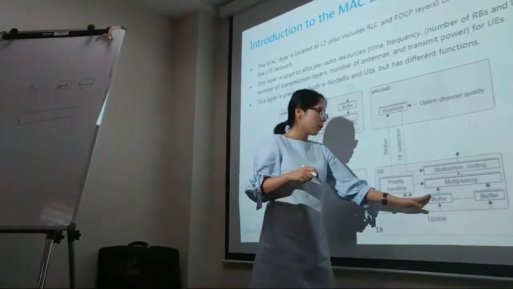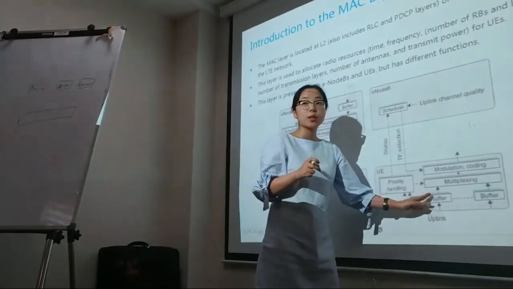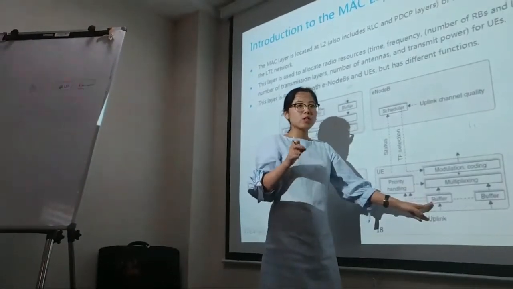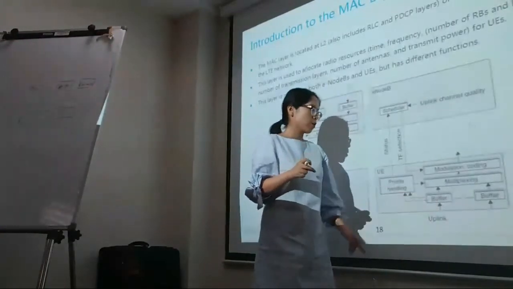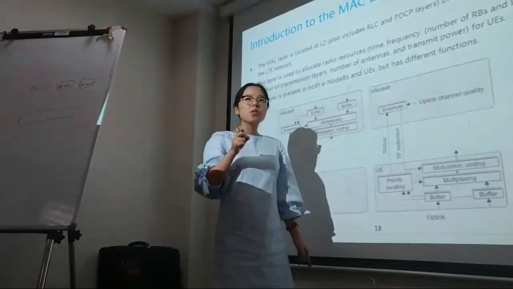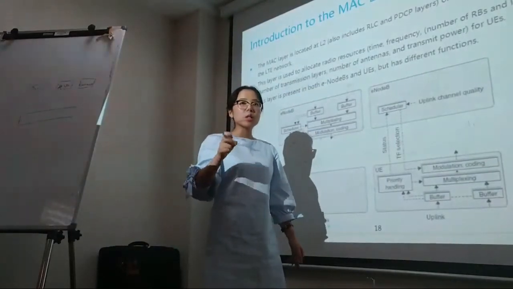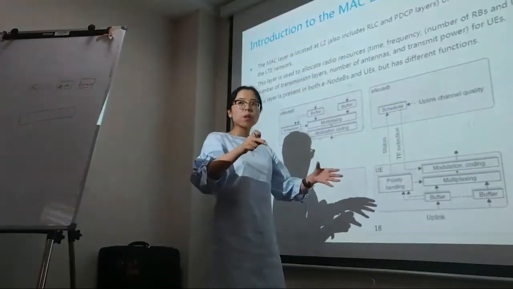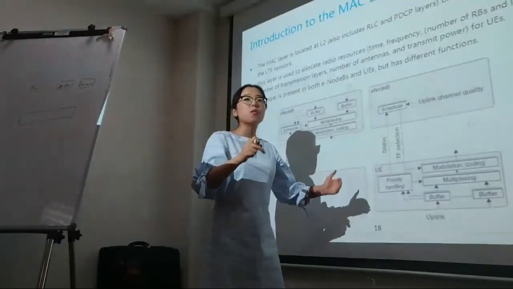This buffer will also have many different kinds of channels, such as CCCH, DCCH, DTCH, for different logical channels. For different logical channels, we define different priorities. That means which logical channel's data I will transmit first.